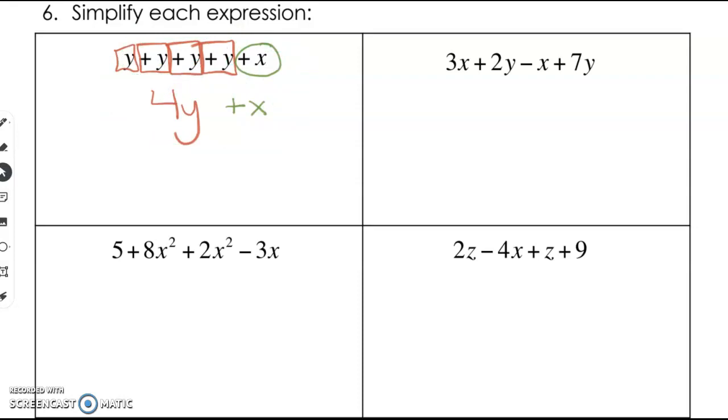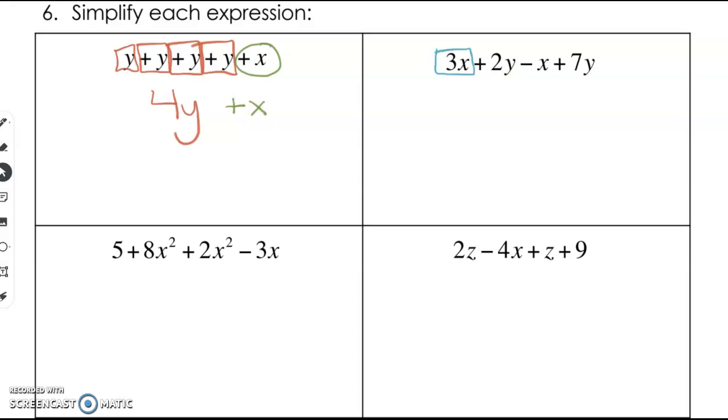Let's take a look at the next term, 3x plus 2y minus x plus 7y. So let's combine like terms. I have 3x. Okay, 2y is not the same term as 3x because there's a y here. That's a different variable.